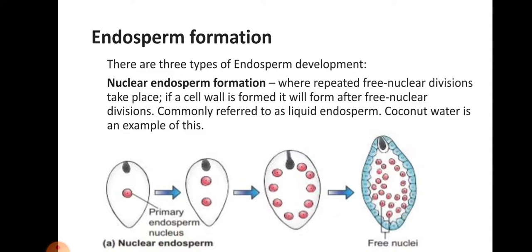And here coconut water is the best example for nuclear endosperm. You have seen the water contained in the coconut, and this coconut water is the nuclear endosperm, and the remaining part, that is the copra, we'll see in cellular endosperm.